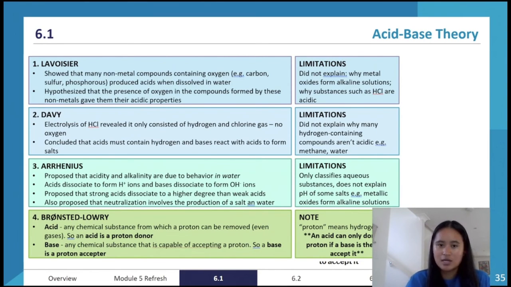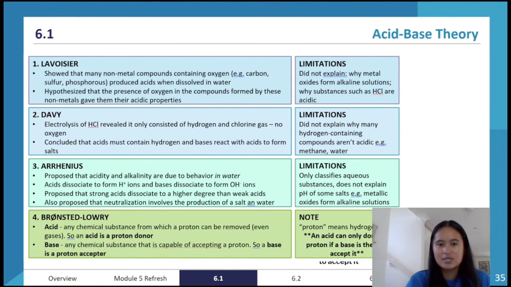So similar to Arrhenius, where it said it dissociates to form H+, kind of the same idea. It donates the H+, which a base, the proton acceptor, accepts. And that's how acids and bases interact.